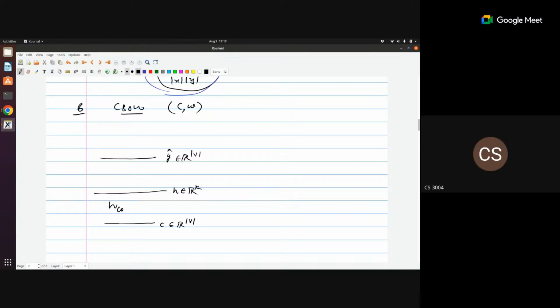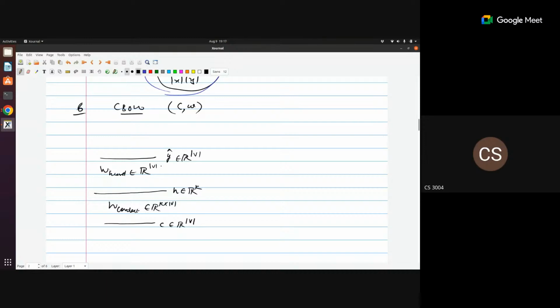Here we have the context matrix, W context, and this will be K cross V. And here we have the word matrix.